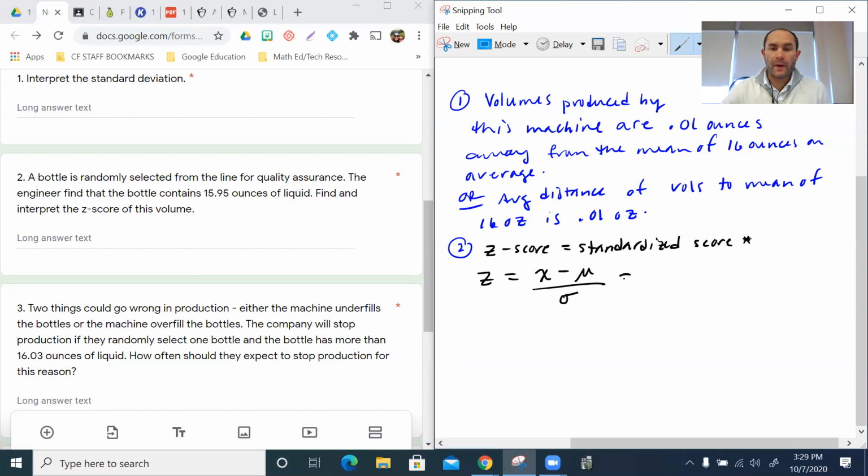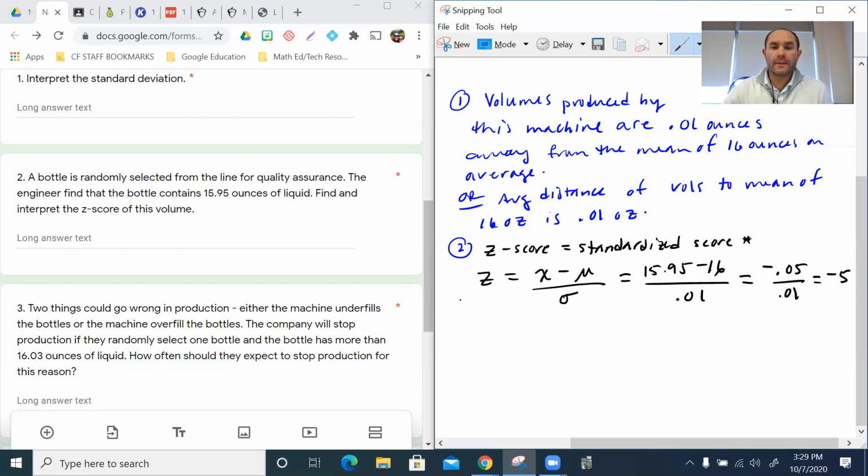So what is the Z-score? My value for this bottle was 15.95. The mean was 16. The standard deviation was 0.01. When you subtract that, you get negative 0.05 divided by 0.01. That is negative 5.